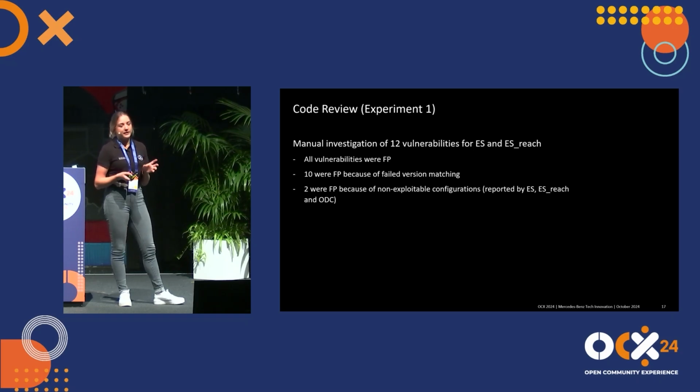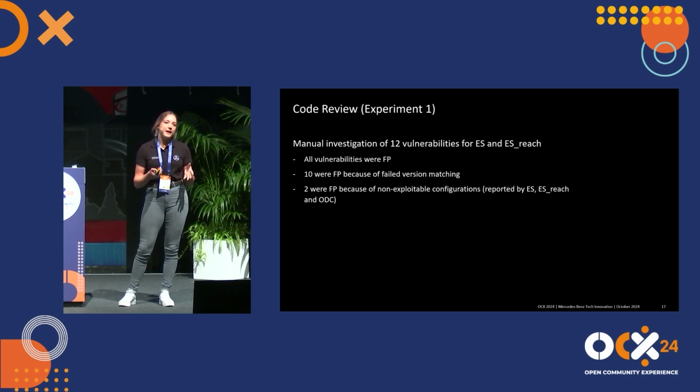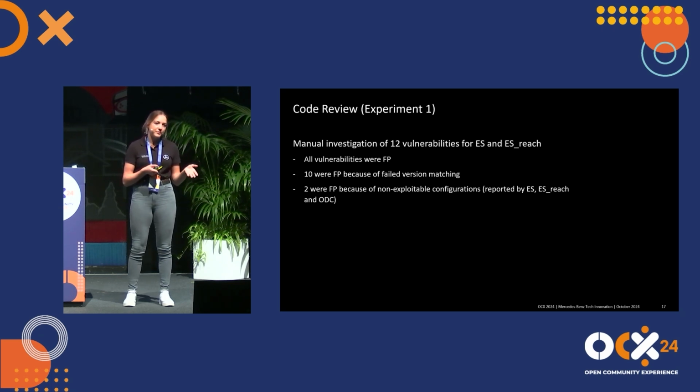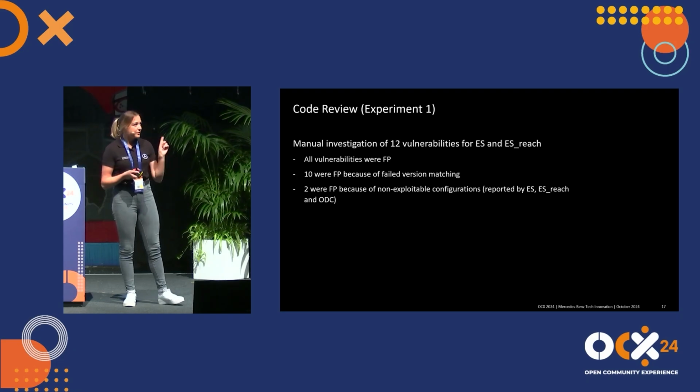Again, we had a pseudo-randomized subset of 12 vulnerabilities, and we found that all were false positives, 10 of them because of this failed version matching that I mentioned before, and the other 2 because of non-exploitable configurations. The 2 that were because of non-exploitable configurations were also found by OWASP Dependency-Check.